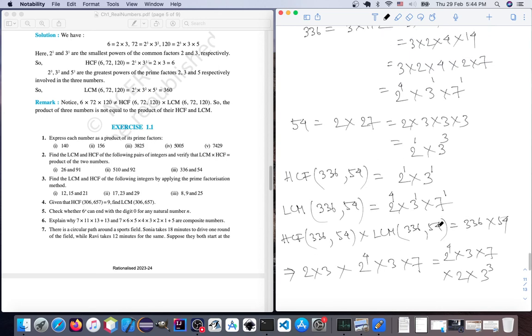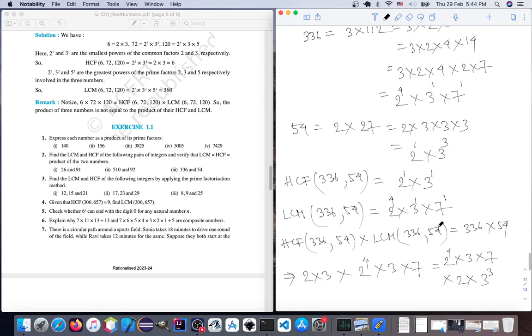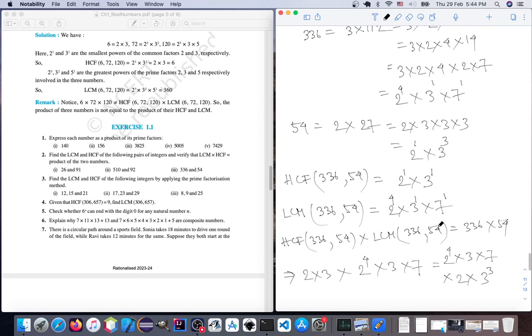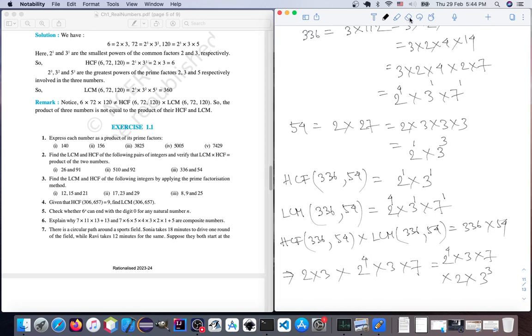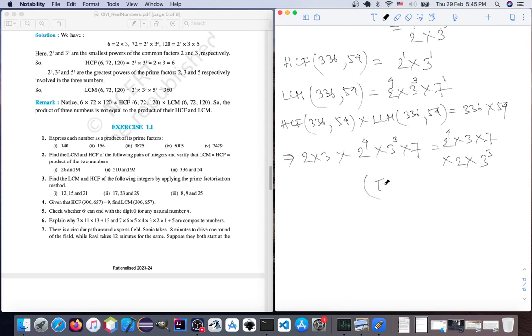In the LCM of 336 and 54, the power of 3 will be 3 because the highest power is 3. This is wrong. This should be 3. And now it is correct.